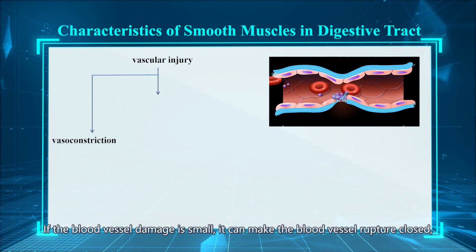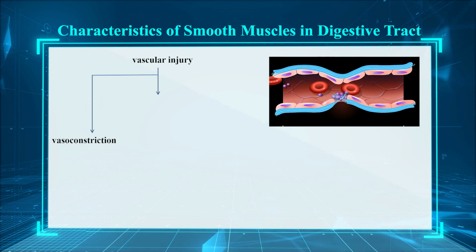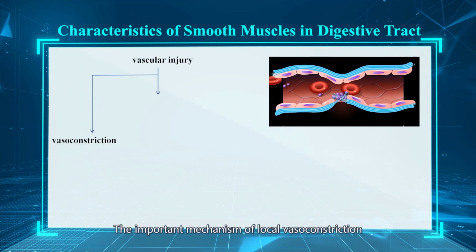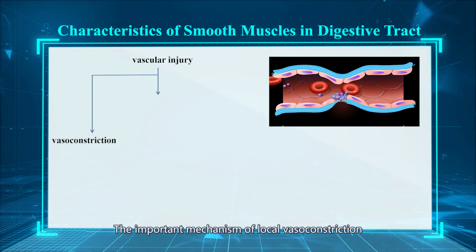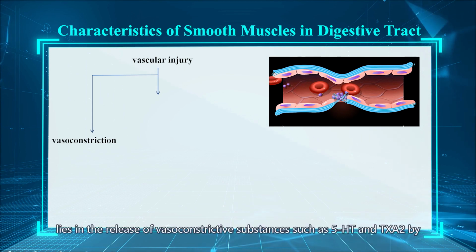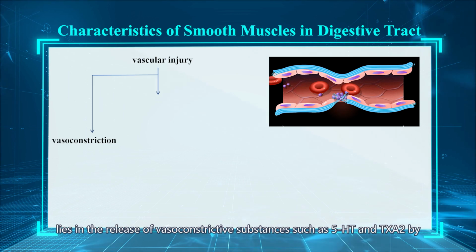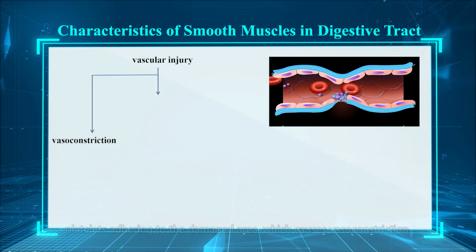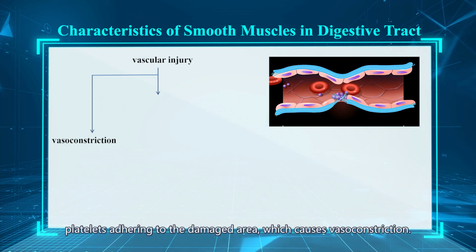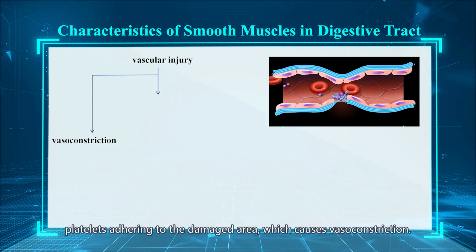If the blood vessel damage is small, this can close the rupture so as to stop bleeding. The important mechanism of local vasoconstriction lies in the release of vasoconstrictive substances such as 5-HT and TXA2 by platelets adhering to the damaged area, which cause vasoconstriction.